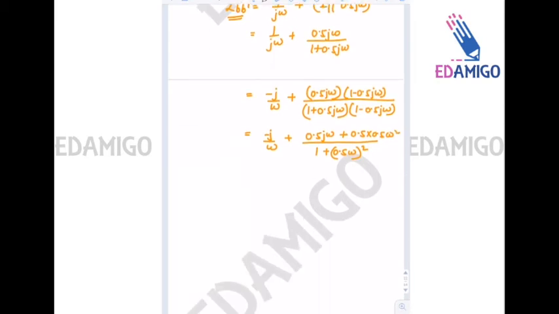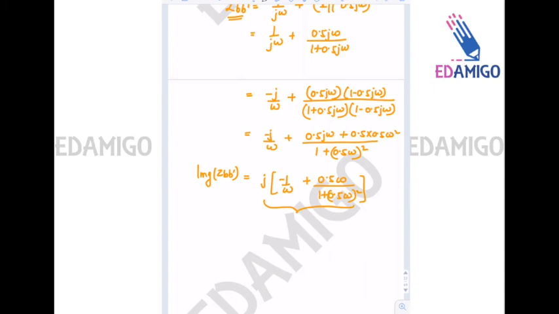So the imaginary part of ZBB dash will be minus j upon omega, or I will take j as common. So j as common, minus 1 upon omega plus 0.5 omega upon 1 plus 0.25 omega square. So this term has to be 0.